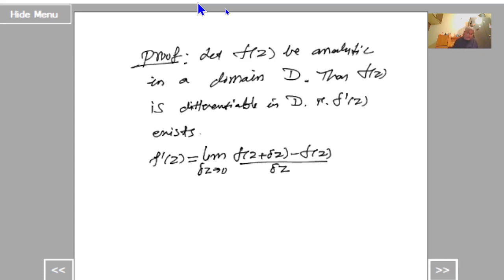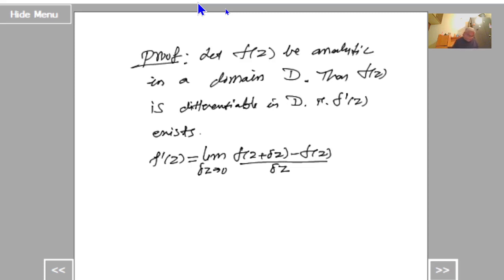And here we have as z is equal to x plus iy, therefore delta z equal to delta x plus i into delta y. Delta x is change in x, delta y is change in y, and delta z is change in z.